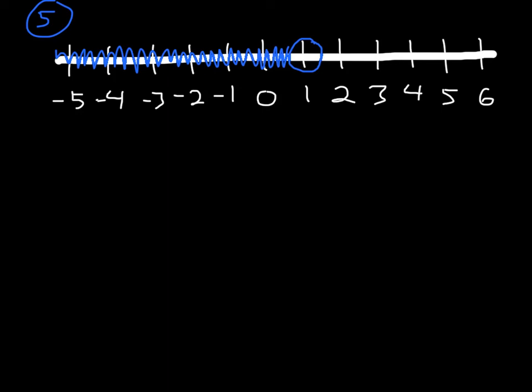So all numbers that are less than 1 will have x is less than 1, because this means that all the x's that are less than 1 are going to be shaded. If we write that out in words, it's just x is less than 1.